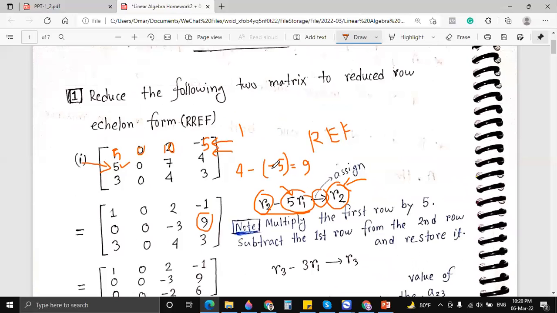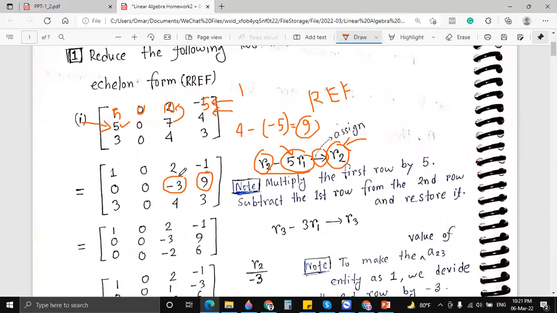I get 9, that's why I write 9 here. Now 7 minus 10 is minus 3. And 0 minus 0 is 0, and 5 minus 5 is 0.